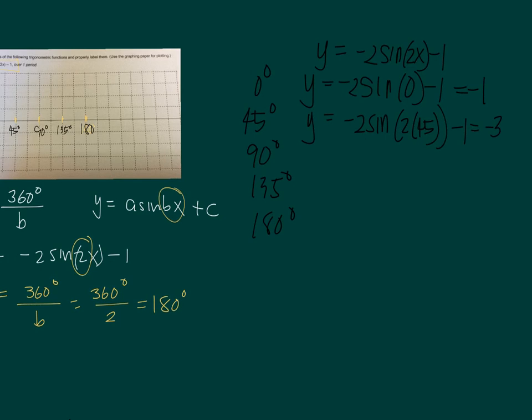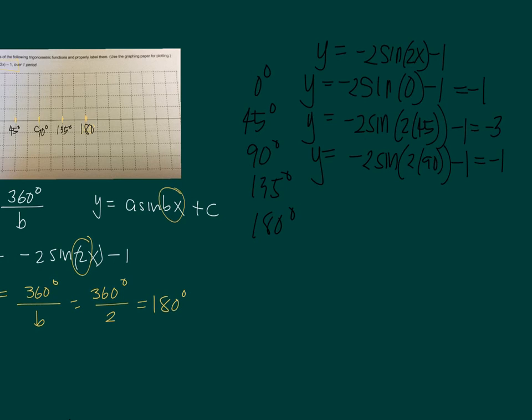You can check by doing this in your calculator. If the angle is 90, you have negative 2 sine of 2 times 90 minus 1. 2 times 90 is 180, so this will give us negative 1.